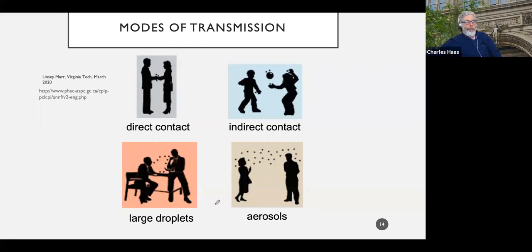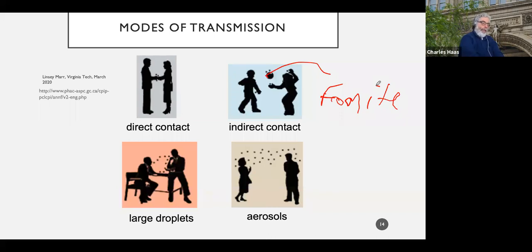Infected person touches an inanimate surface, and I introduced the word fomite last time. And then a susceptible person contacts the fomite, transfers that virus from hand to mouth again, or hand to nose, and becomes exposed.